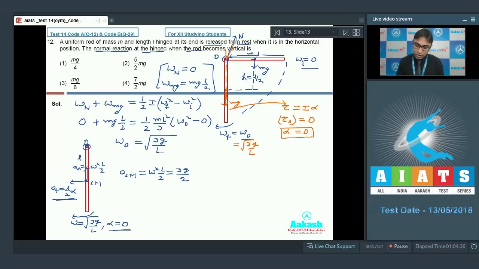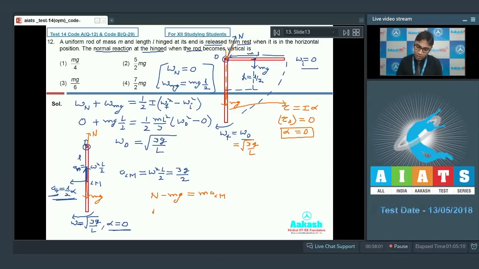So this is our acceleration of the center of mass. Since this acceleration of the center of mass is in the vertical direction, why? Because AT is 0, so only AN will be there and that is vertically upward. There are two forces acting on this rod at this point. First is the normal reaction and second is mg. If I write the force equation for this rod, N minus mg must be equal to m ACM, right?